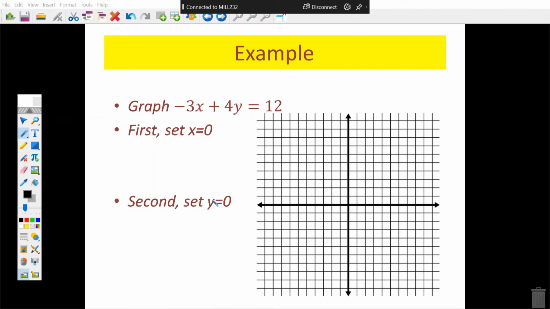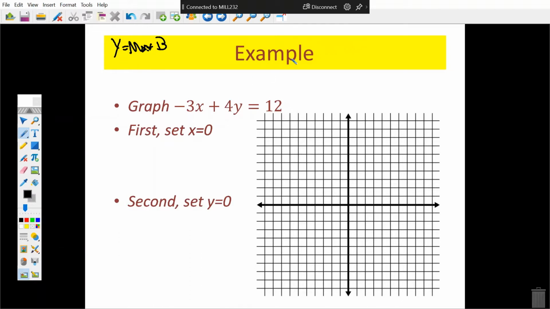Or you could get it into the slope-intercept form of y equals mx plus b, and then isolate y, and then graph the y-intercept and the slope, and graph it that way, okay? I think I'll do the y equals mx plus b way.